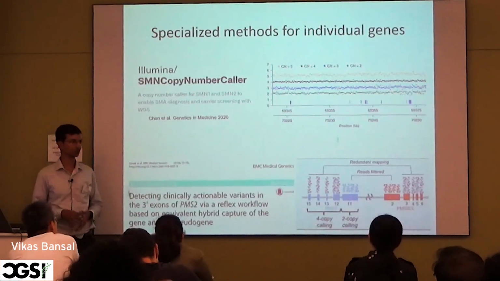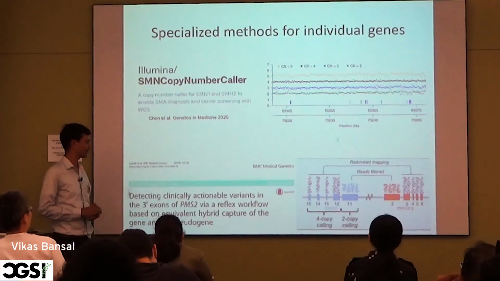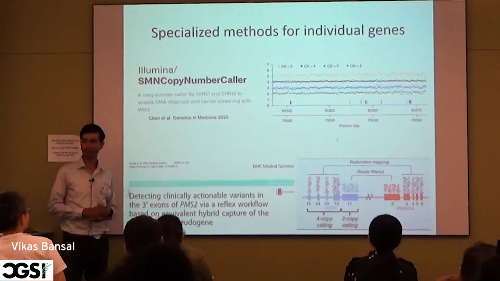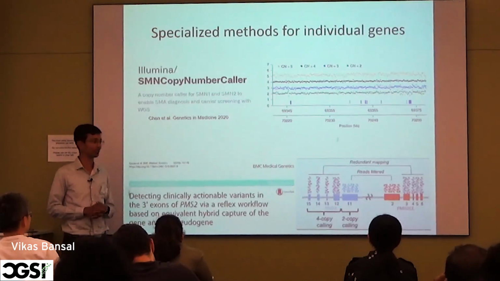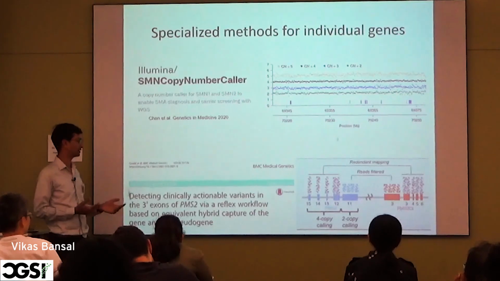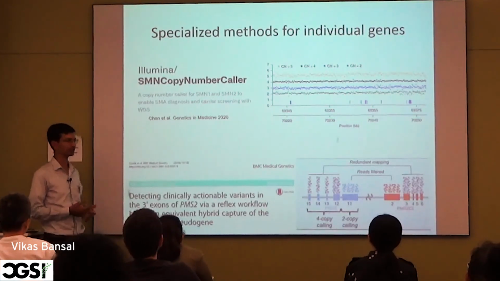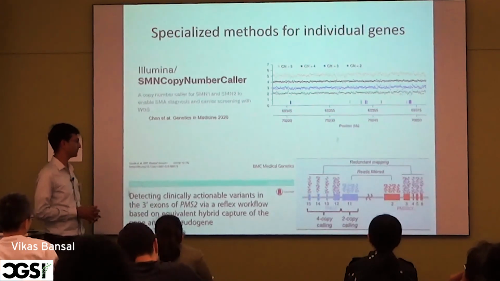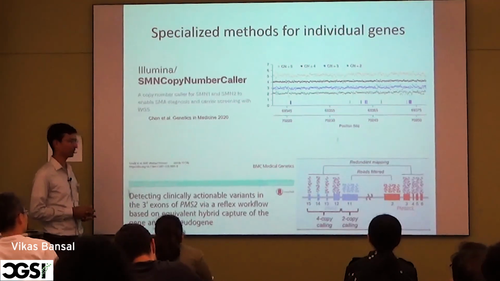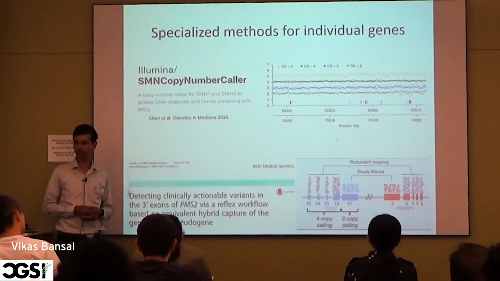Another similar approach was developed for the gene PMS2, which, as I mentioned earlier, causes Lynch syndrome. In this case, the mutations that cause Lynch syndrome are not copy number changes, but SNPs and short indels. PMS2 is also duplicated, but only the 3' end of the coding sequence is duplicated.